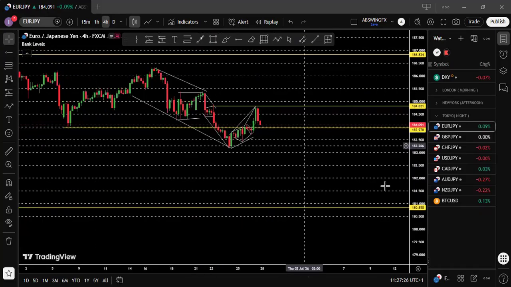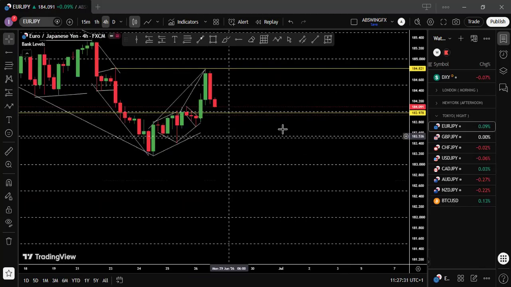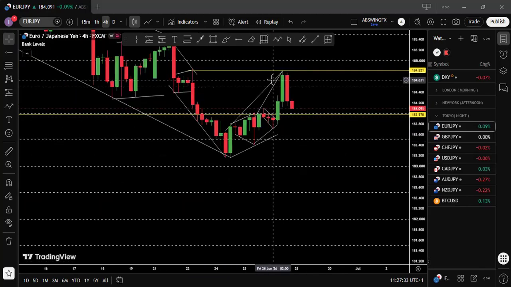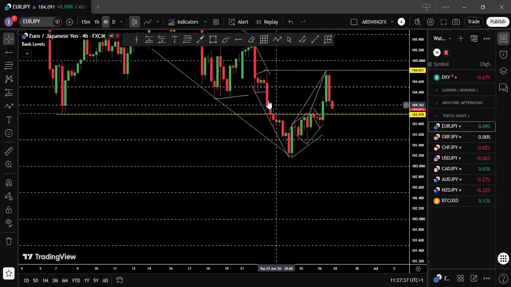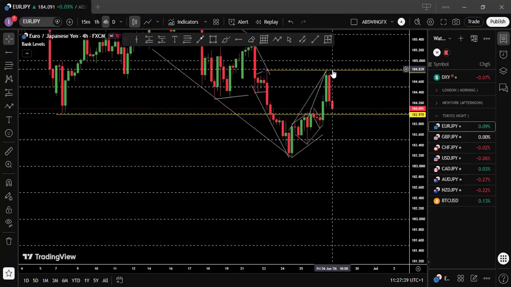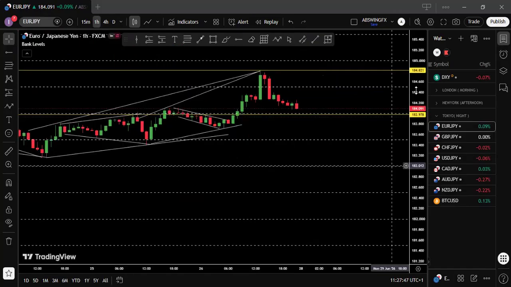So on Euro JPY, where do you think I will have my setup? This is not snapping. It did not snap into this region. Oh, it snapped there. It's not there with the green candle and close there. So we have opportunity at where?